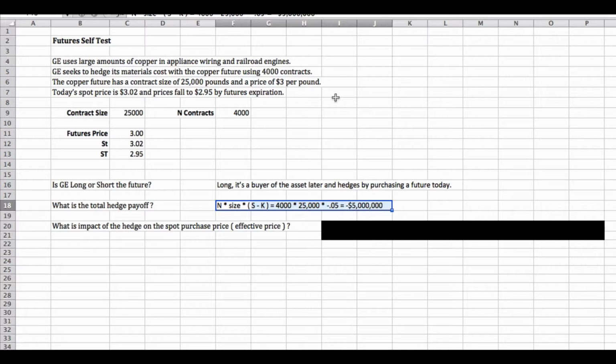The reason it's a loss is that you're long the future, and prices fell, with spot prices falling from 3.02 to 2.95.